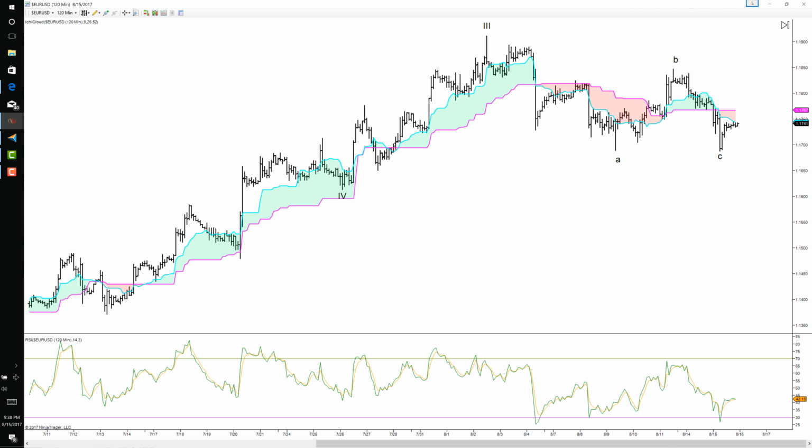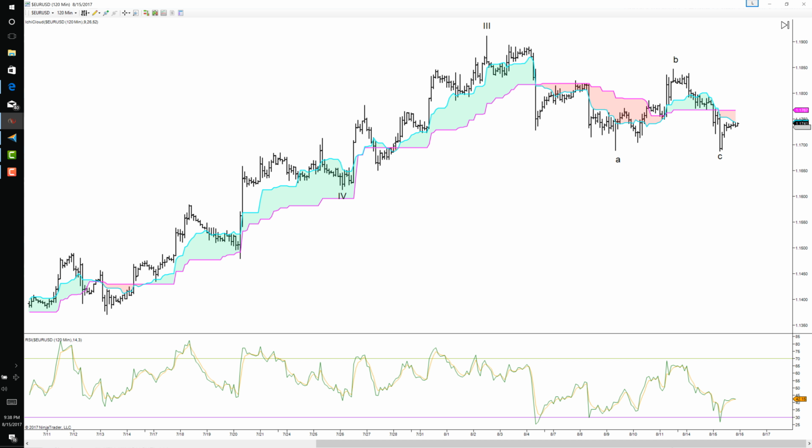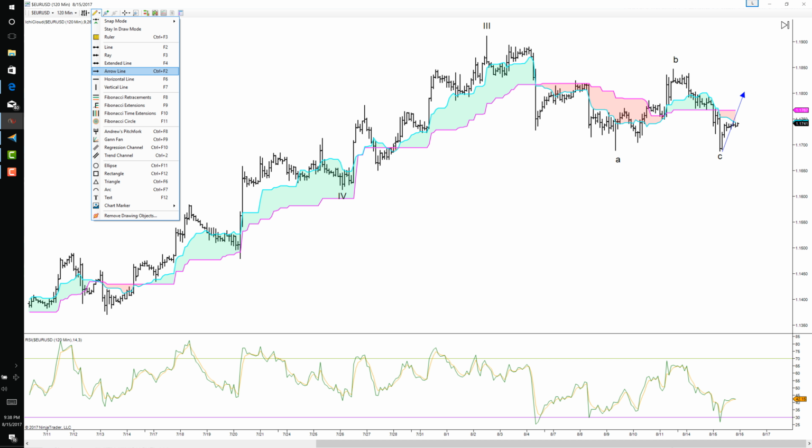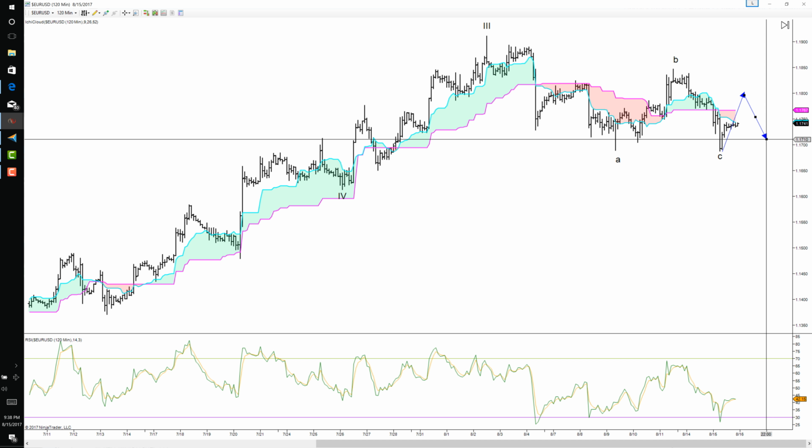You have this move up here, which will be a D, which will probably go from here to probably around here. And then you're going to have an E, which will come down to back about here.